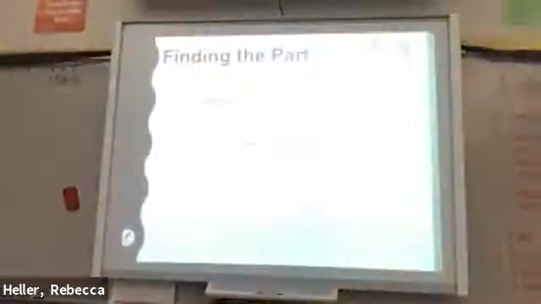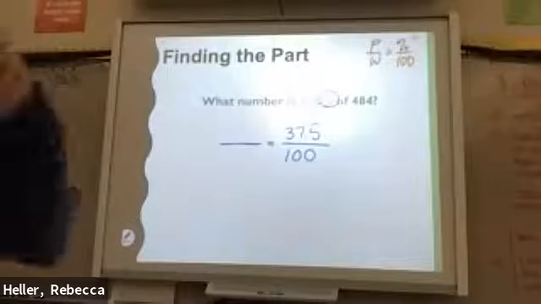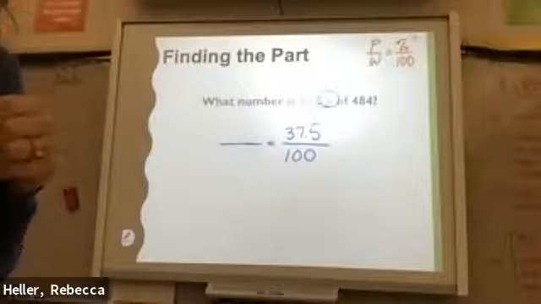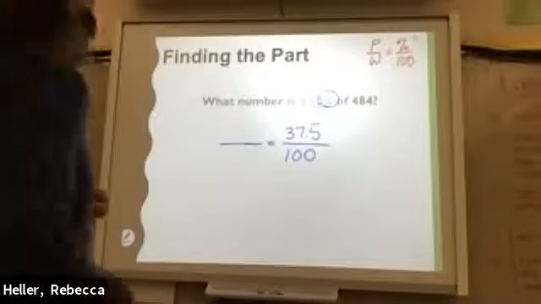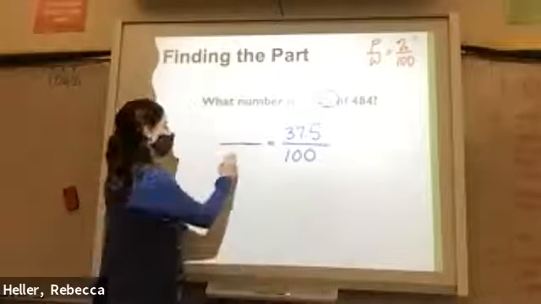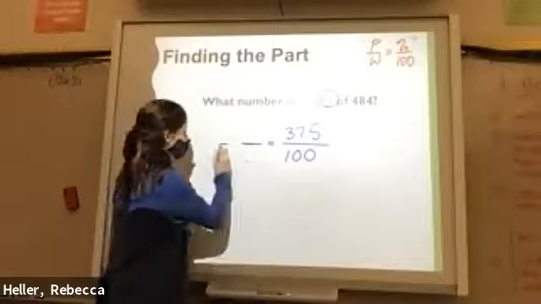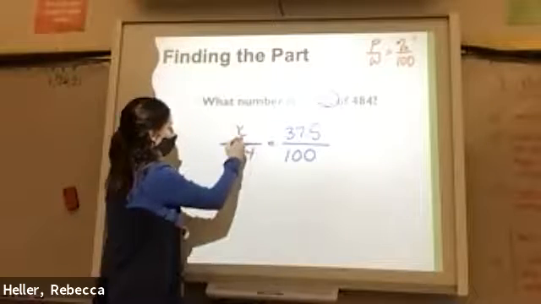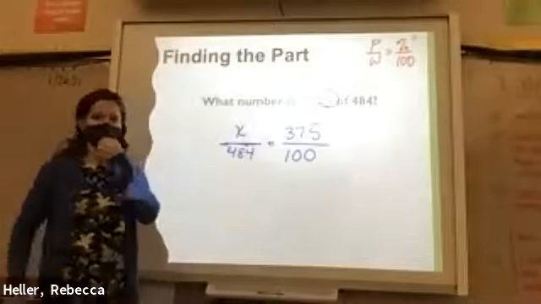Would it go on top or on the bottom of the left-hand side? Go ahead, Isabella. It is going to go on the bottom, yes. So this is going to go on the bottom. And we are missing the top, which is the part.